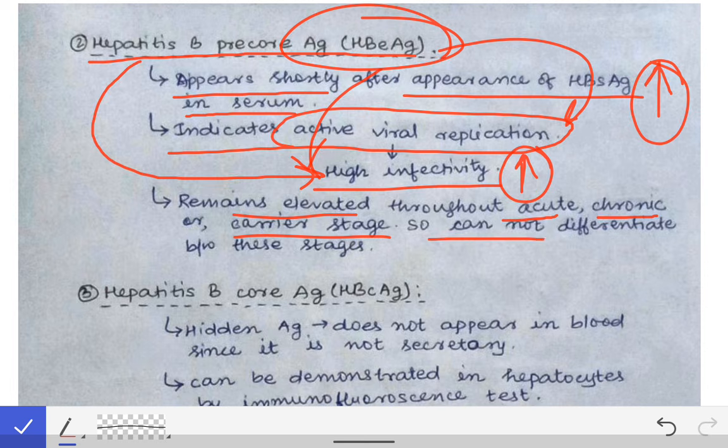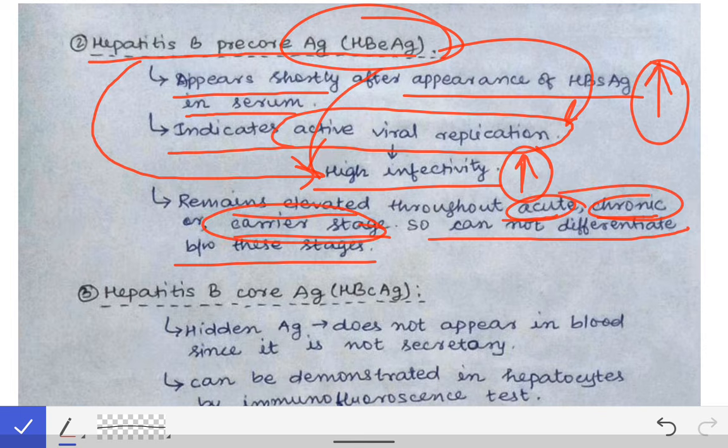So mark the words, we cannot differentiate between the acute, chronic, or carrier stages with the help of this HBe antigen.